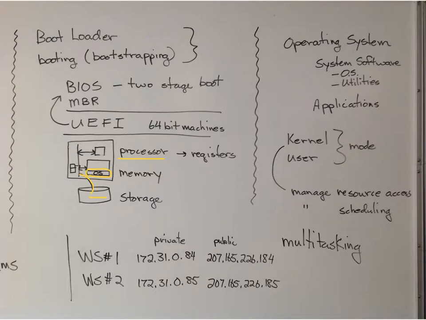Inside the processor are storage areas called registers, high-speed staging areas for the processor. Well, how do we get that operating system here in the memory? Okay, well, we have a bootloader.